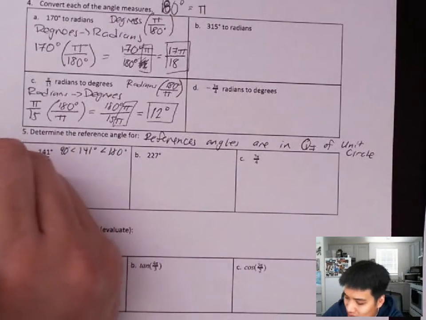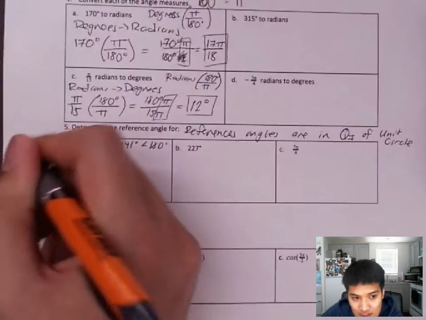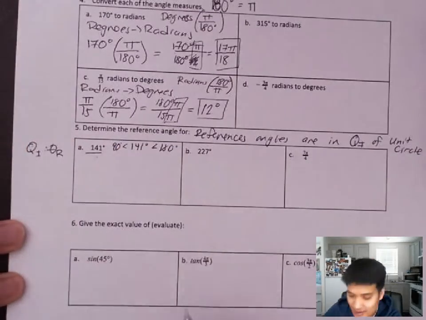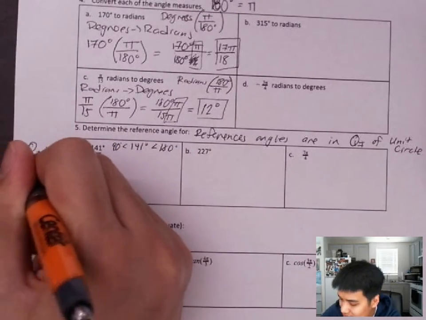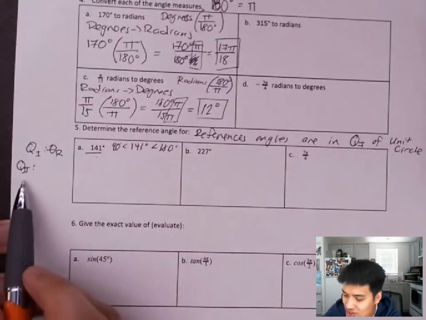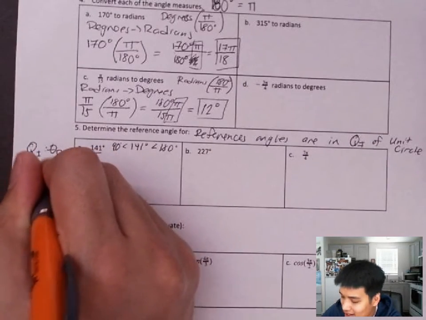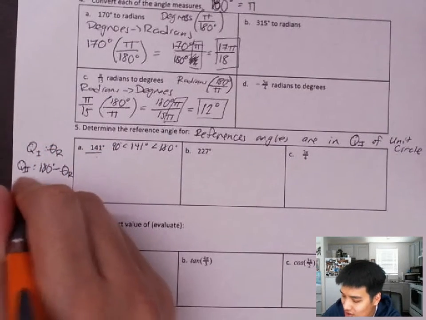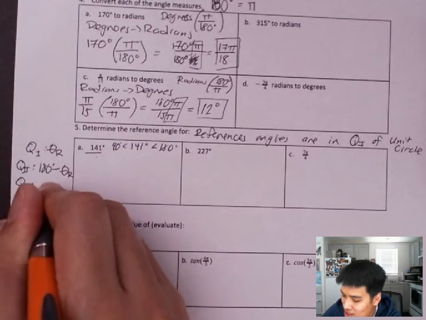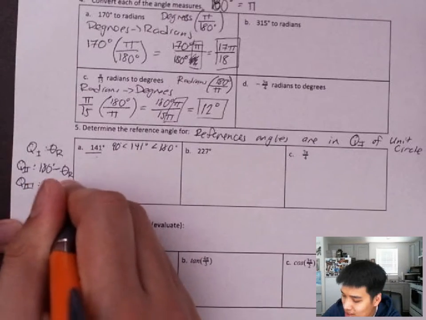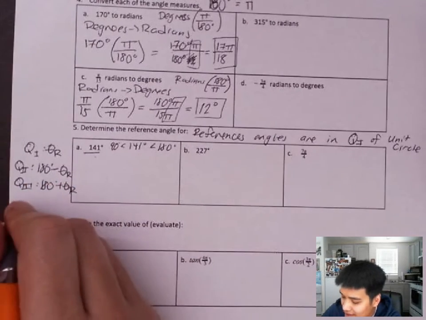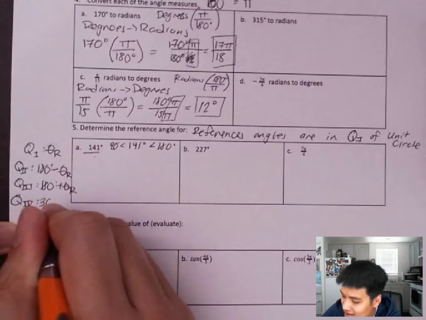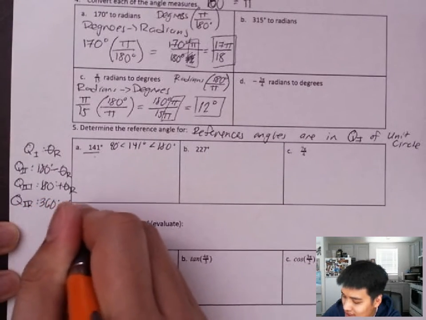If in Q1, that's going to be our reference angle. In Q2, the angle relates to the reference angle as 180 degrees minus our reference angle. In Q3, it's going to be 180 plus our reference angle. And in Q4, it's going to be 360 minus our reference angle.